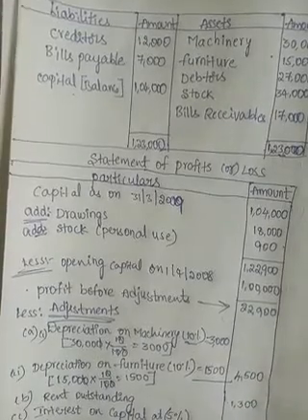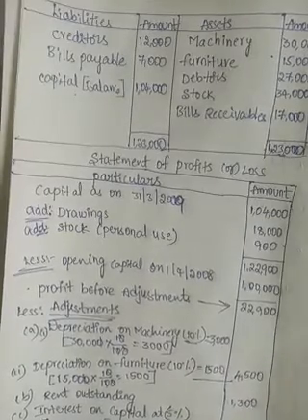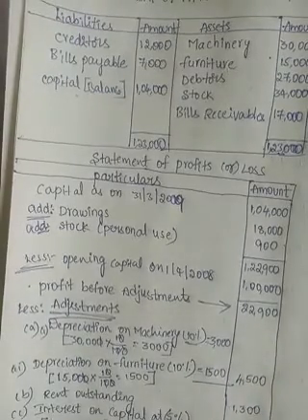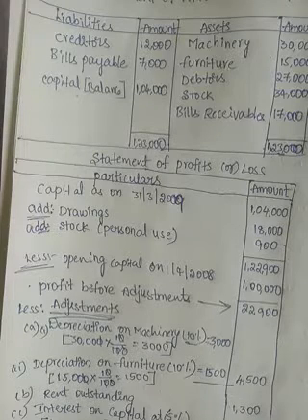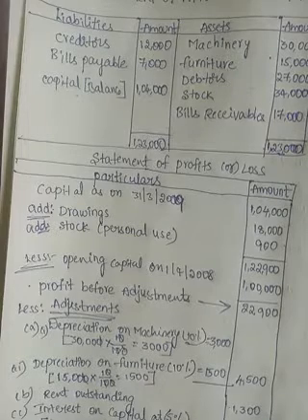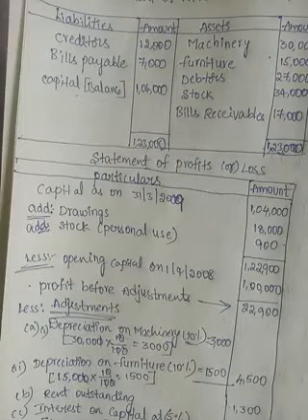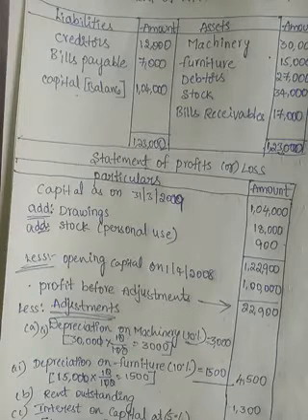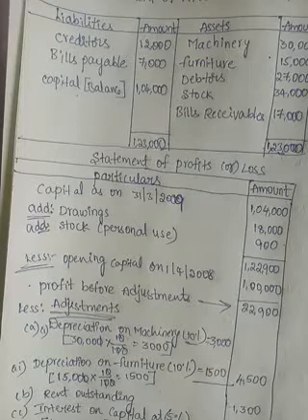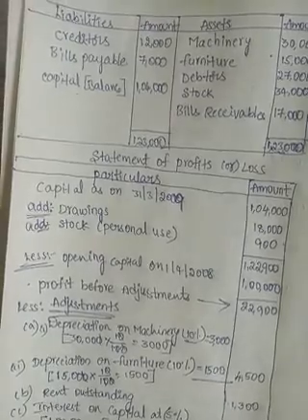Deduct these three. $22,900 less 4,500, minus 1,300, minus 5,000, is 12,100.